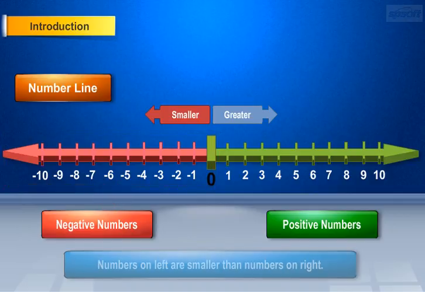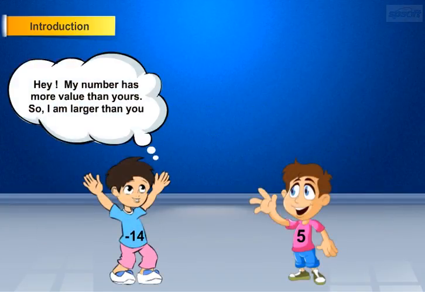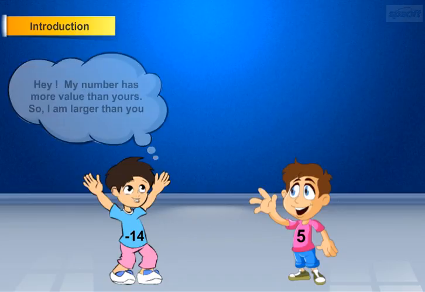Here, these positive numbers are greater, and these negative numbers are smaller. So, numbers on the left side are smaller than the numbers on the right side. Let us check our understanding. Hey, my number has more value than yours. So, I am larger than you.